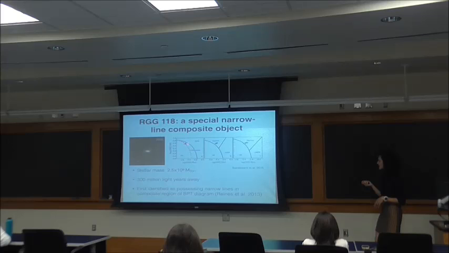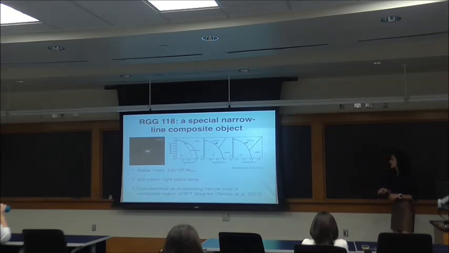The blue point is the Sloan Digital Sky Survey spectroscopy, and then the red point is its follow-up spectroscopy with the Magellan Echellette spectrograph on the Clay telescope at Las Campanas. And so using all of these different narrow line diagnostics, there's evidence for an AGN in this galaxy.